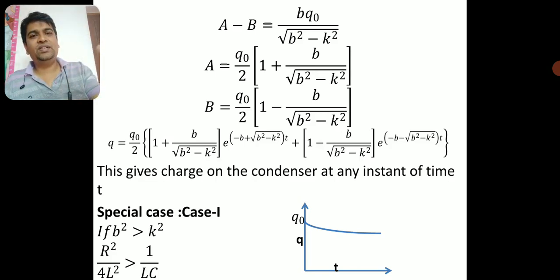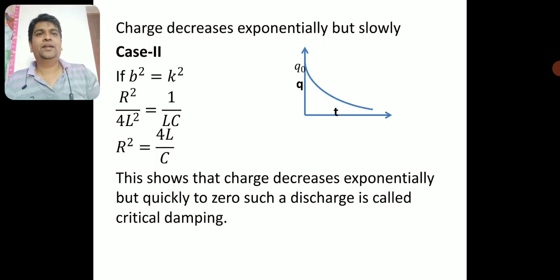The graph beside this clearly shows you how the charge is decreasing in the capacitor. When time proceeds, charge is decreasing very slowly. In the first case, charge will decrease exponentially but very slowly.